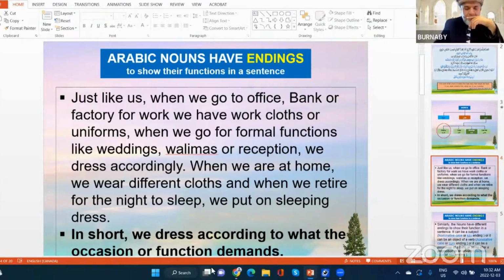We try to find the status because in the sentence, the subject is the rafa, the nasab is the thing you're talking about, and the jar is the person you're talking to, or doing to. Okay, you're close, but the jar part is possession.